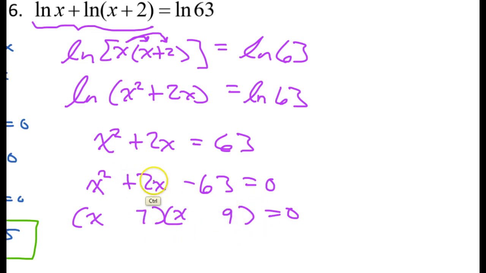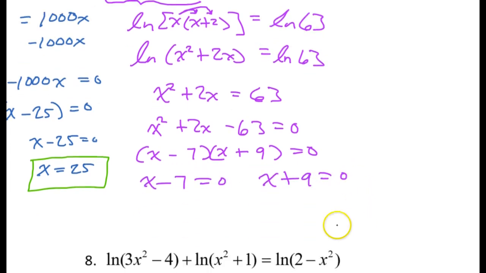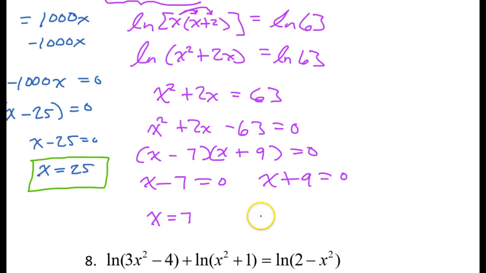I need it to end up with a positive 2 in the middle, so that's going to be a negative 7 and a positive 9. Setting each of these equal to 0, I've got x minus 7 equals 0, and then x plus 9 equals 0. I'm going to get x equals 7, and then I will get x equals negative 9.